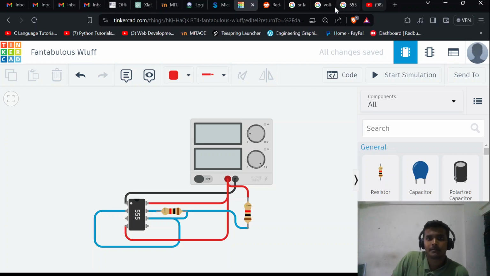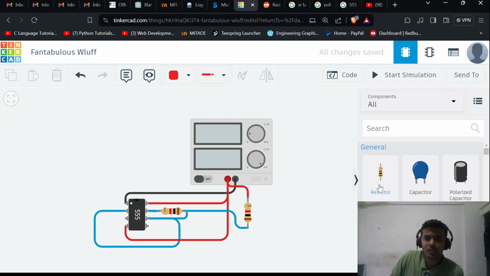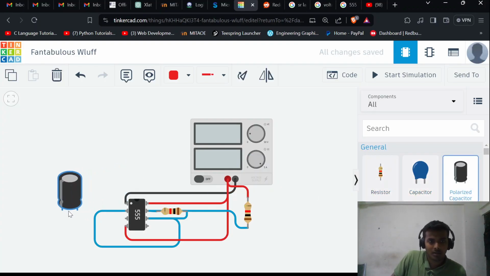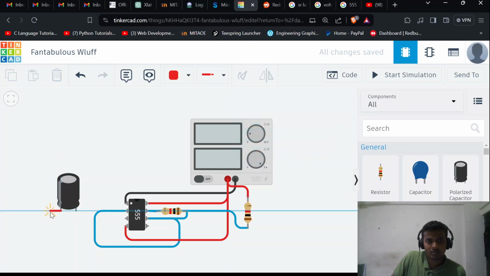So what else do we need? We need pin number 2 connected to a capacitor, which will be connected to ground. Remember that it needs to be a polarized capacitor. We can't use ceramic capacitors. Positive, negative. So negative will connect to ground as usual.